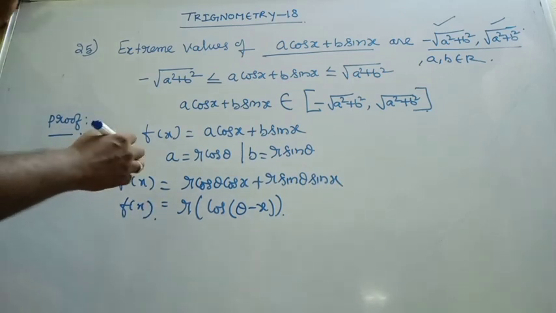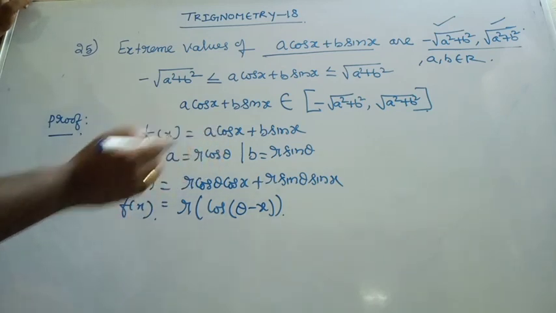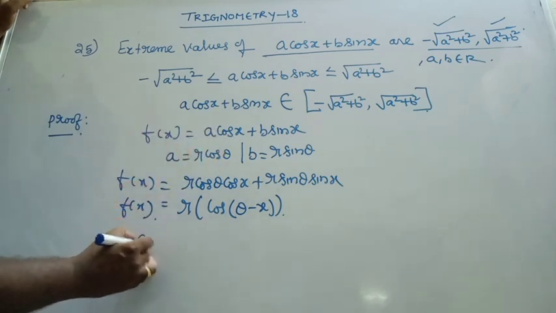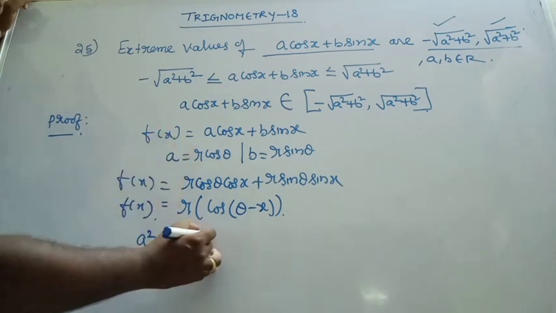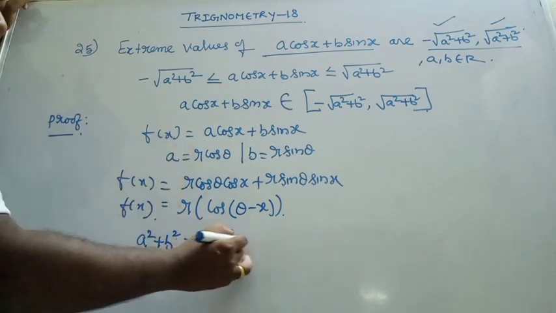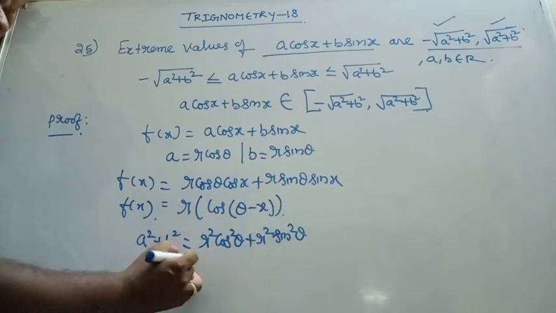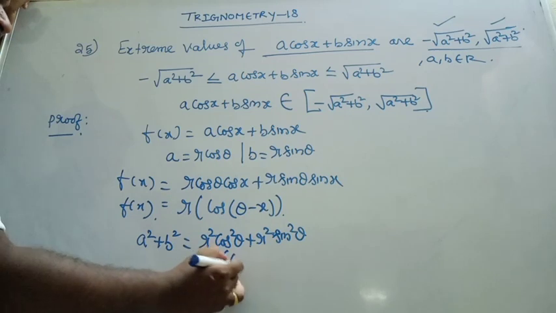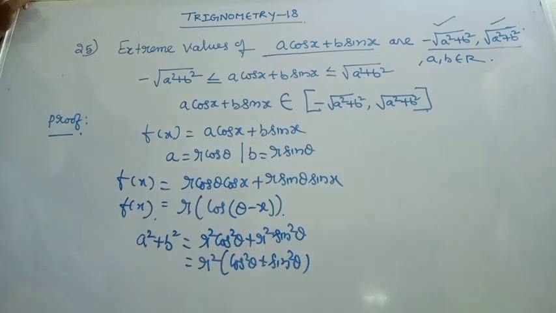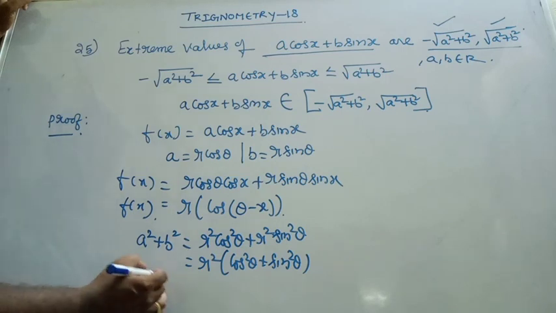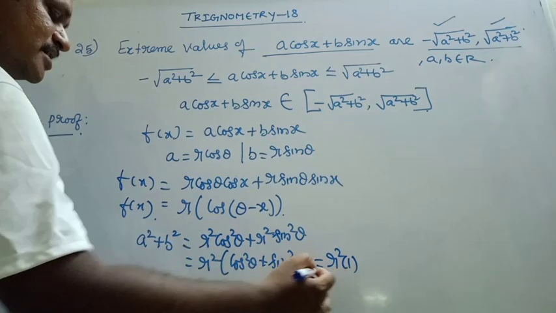And one more thing: they gave us a equal to r cos theta and b equal to r sin theta, so let us compute a square plus b square. Then we get r square cos square theta plus r square sin square theta. If you take r square common, you have cos square theta plus sin square theta, which is 1. So we get r square into 1, that is r square.